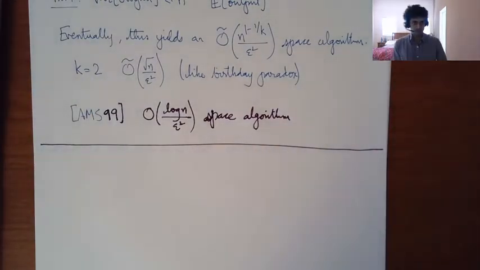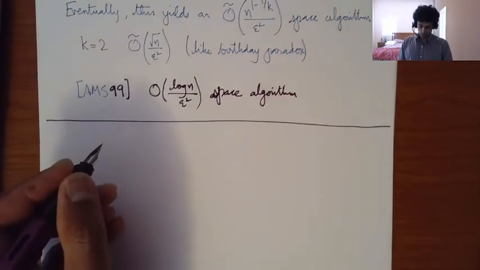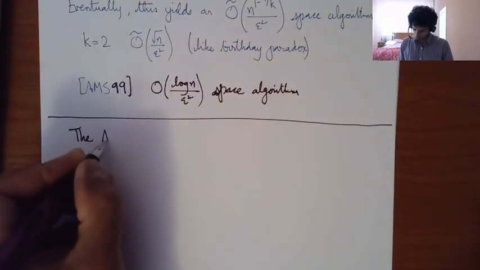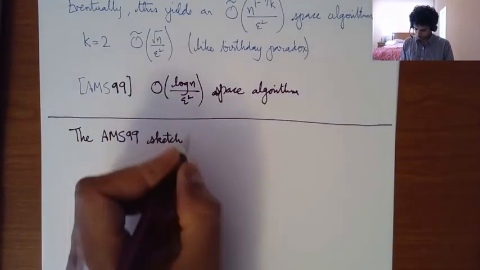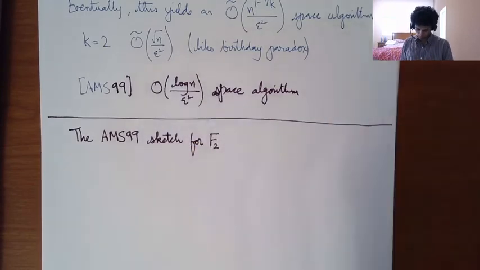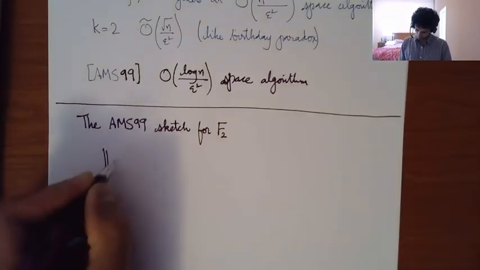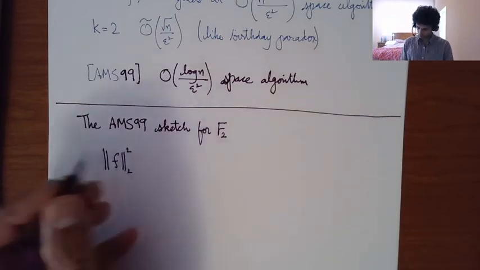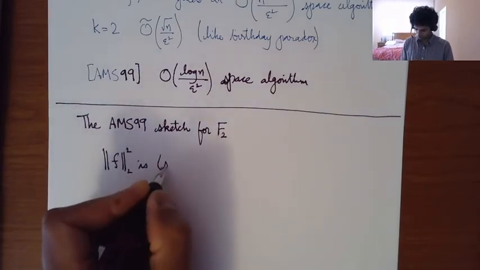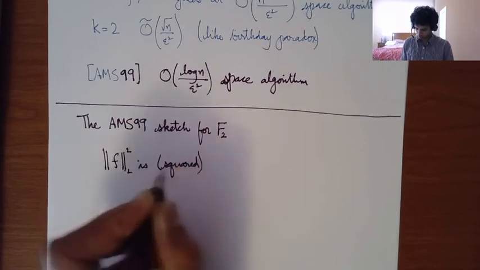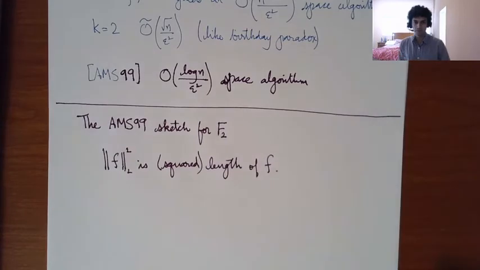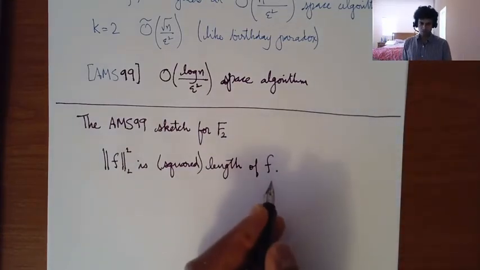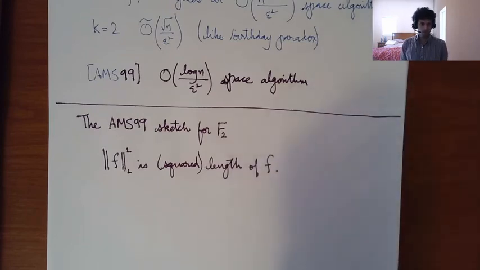This is again going to be related to something we've talked about in the past. And so now let me give you the AMS 99 sketch for F2. So this is the squared length of F. What you're trying to estimate is the squared length of a vector.